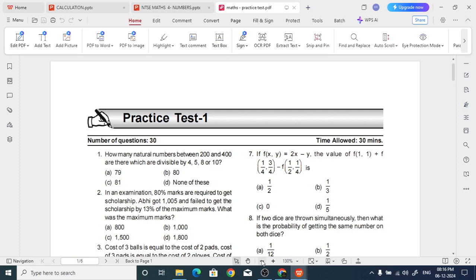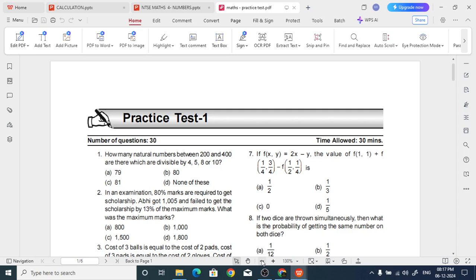67. If 67% is 1005, what is 100%? So 1005 divided by 67 into 100. So how much are you getting? That is the answer actually. So is it 1500?